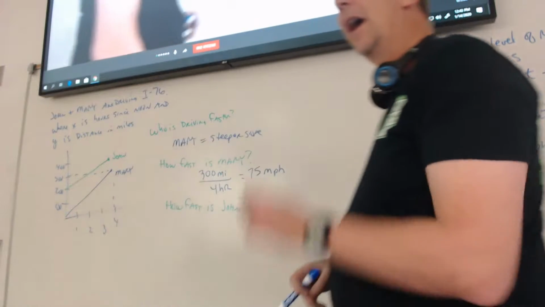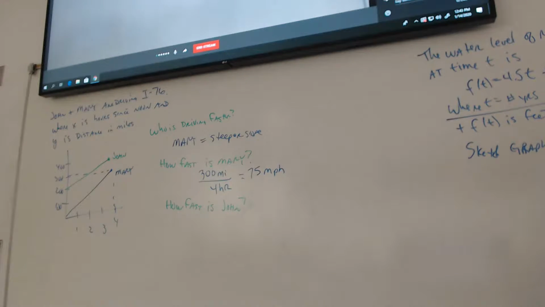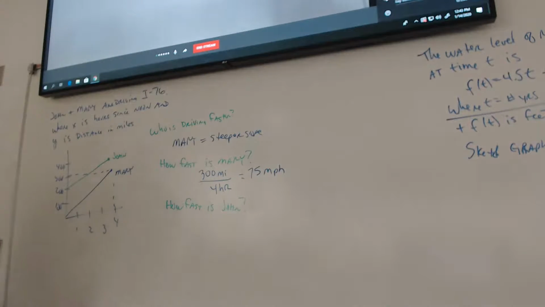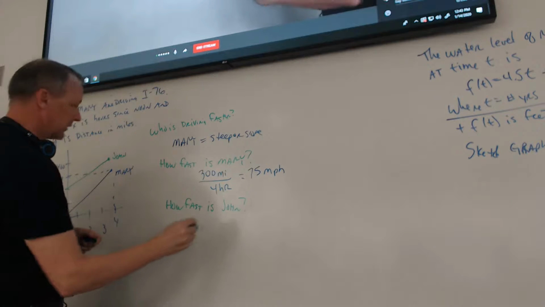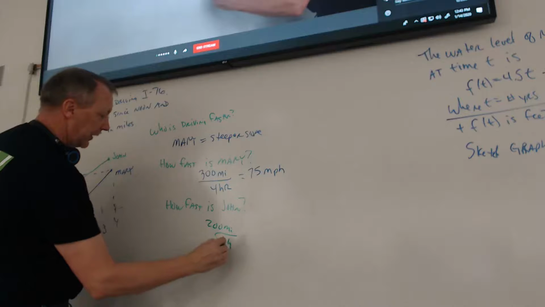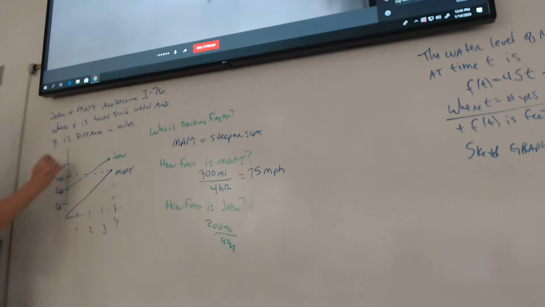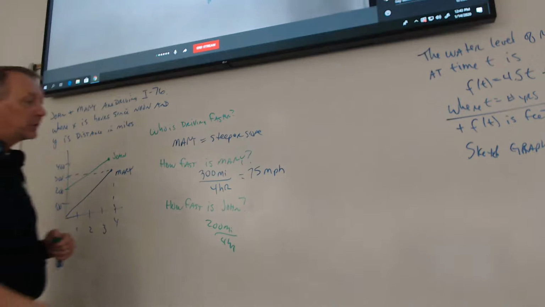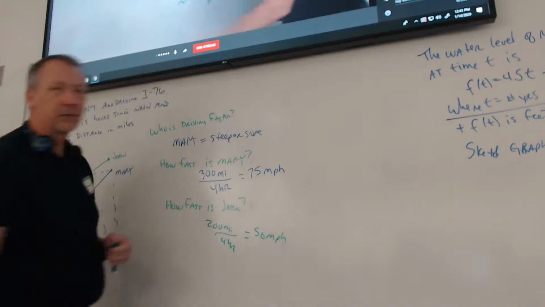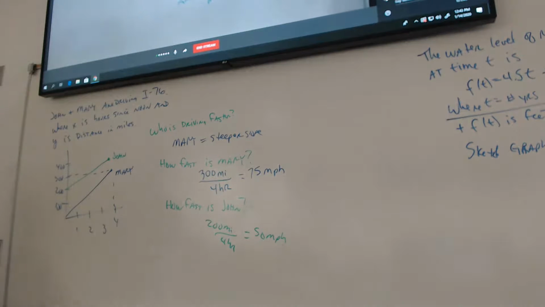Okay, how fast, Riley, is John driving? He's only going 200 miles in 4 hours. So he started here and only got to there, which works out to be 50 miles per hour. So this is not too bad, right?